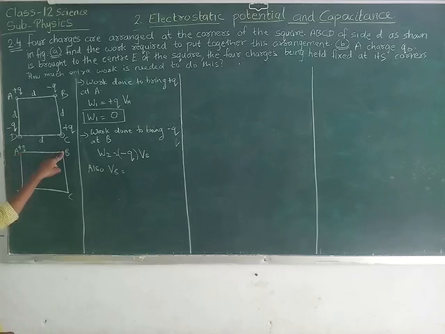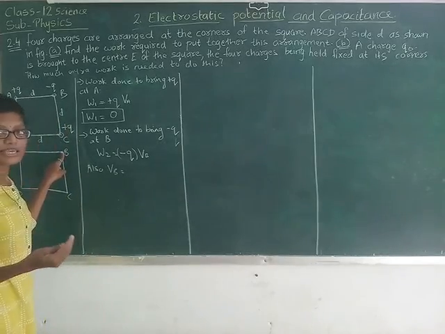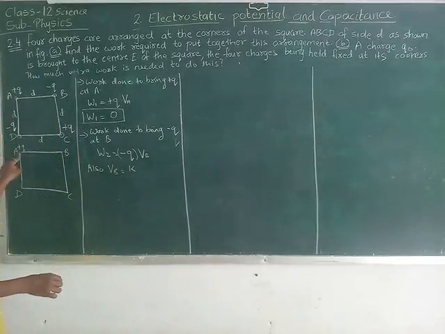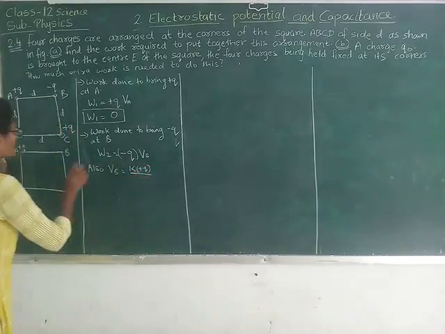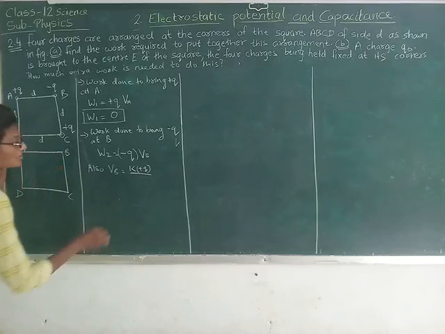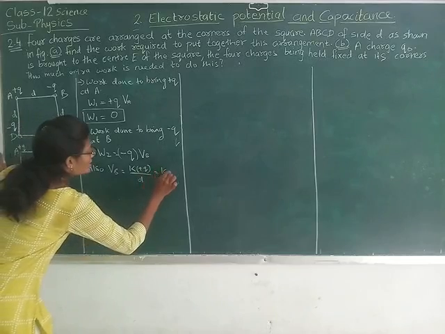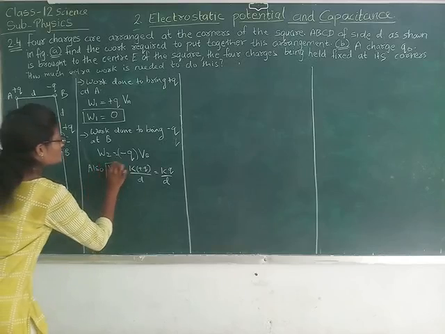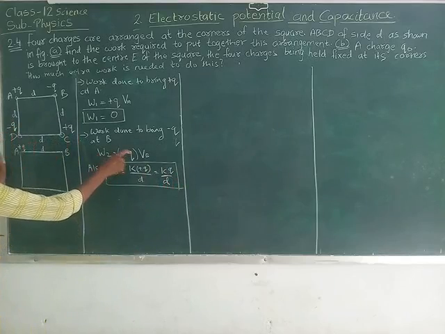So what will be the potential at B? Potential at B, the general formula is KQ by R. So that is K due to which charge? Due to the plus Q charge. So plus Q upon the distance between the point and this charge, that is D. So KQ upon D, right? So we need to place this VB equals KQ by D over here.